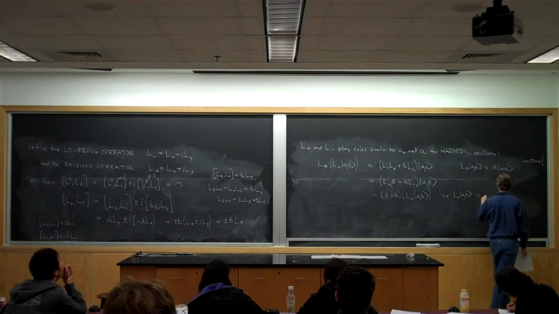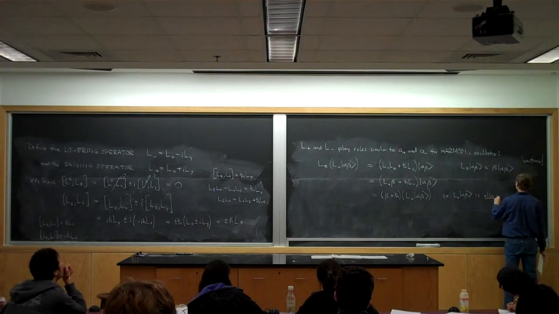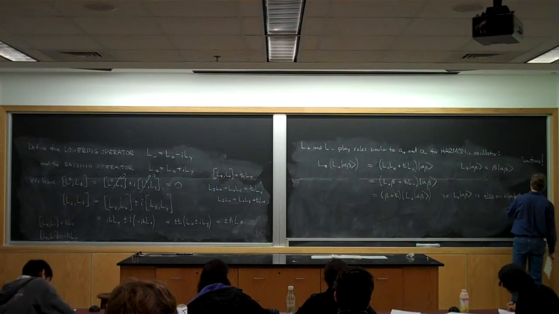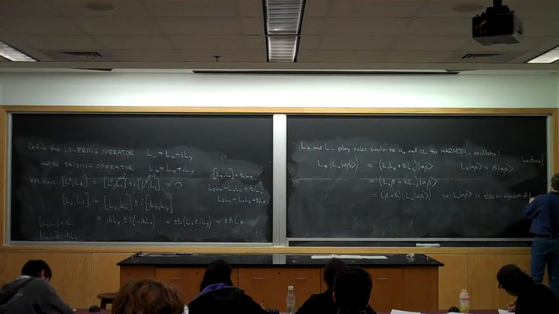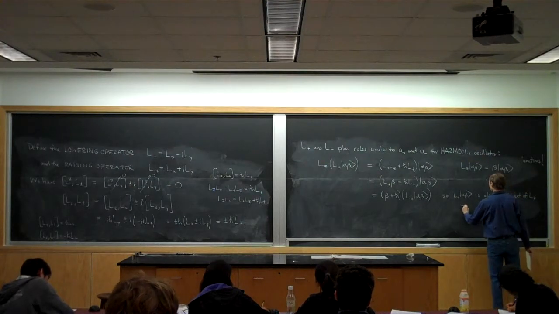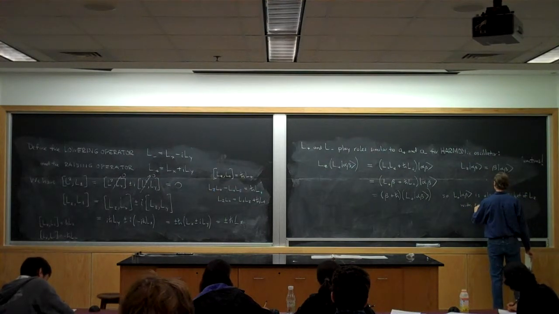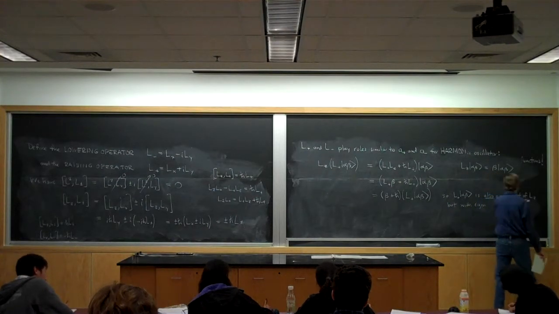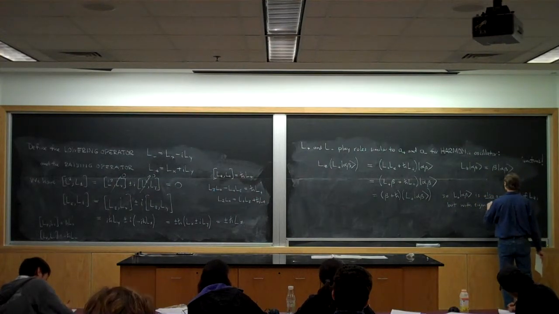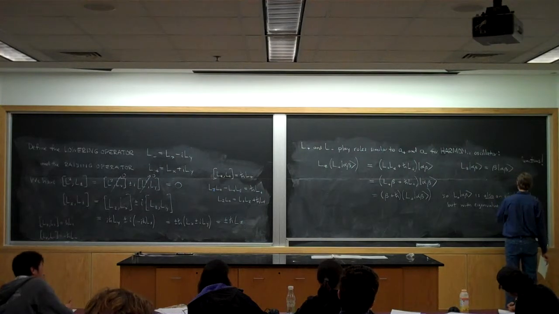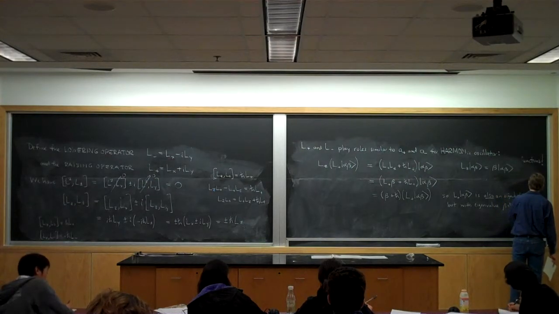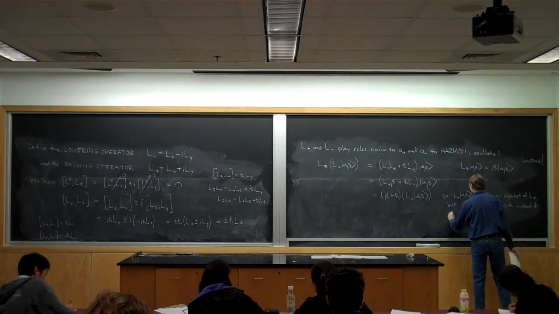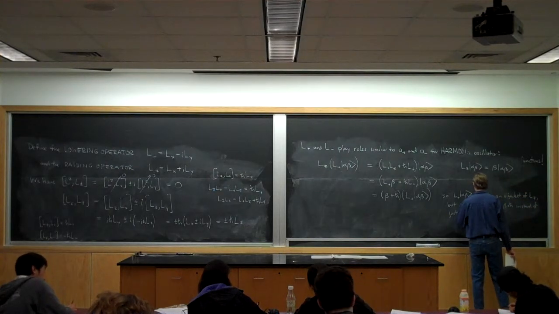L plus alpha beta is also an eigenket of LZ, but with eigenvalue beta plus h bar instead of just beta.